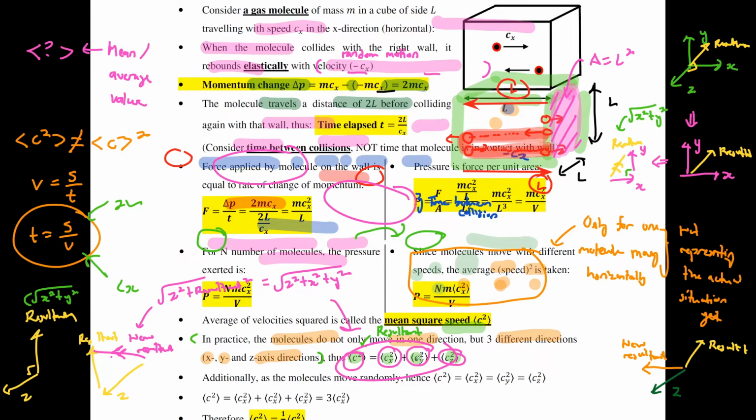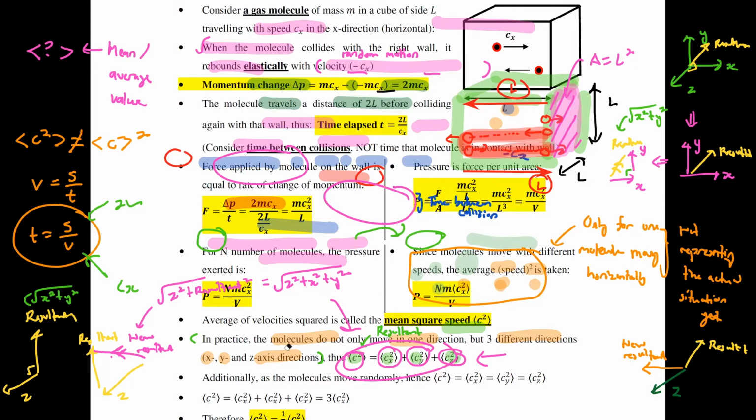Okay, but in your current case for A level, you actually don't really need to know so much about how this one came about. All you just need to know is that because the molecules move in 3 different directions, the conclusion is that the resultant mean square speed would be the sum of the mean square speed in the x, y, and z directions.